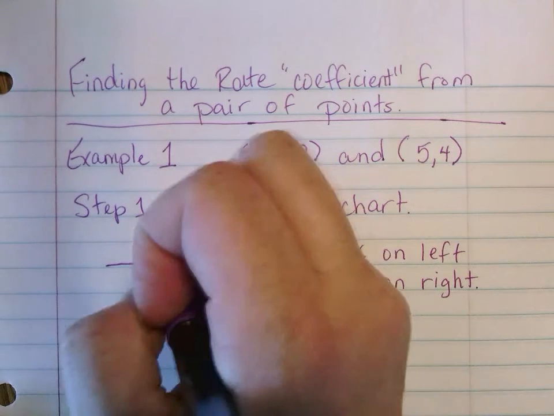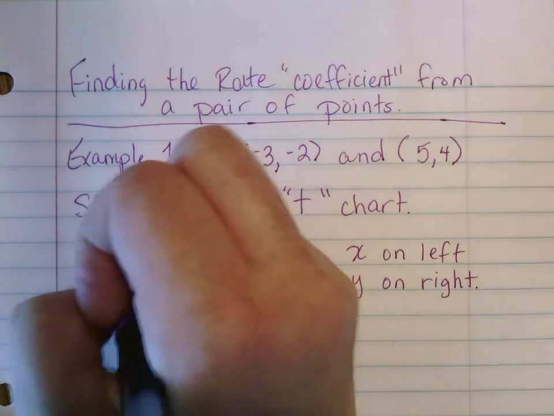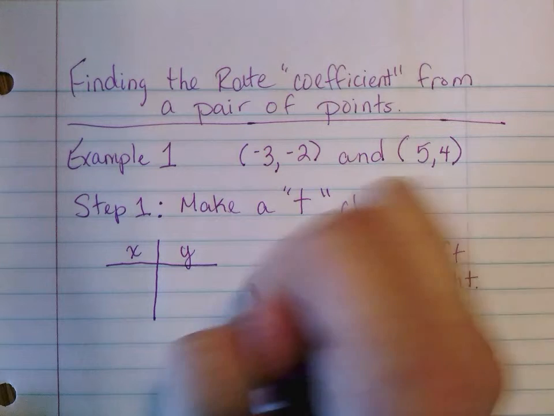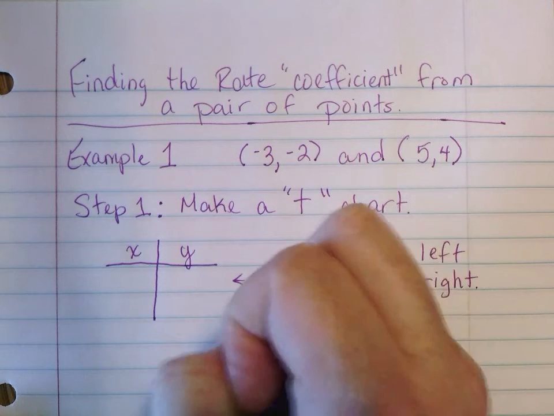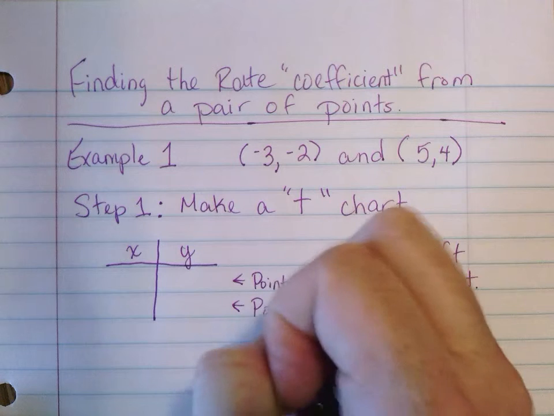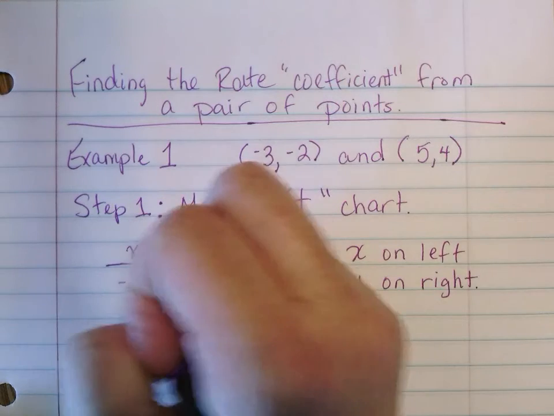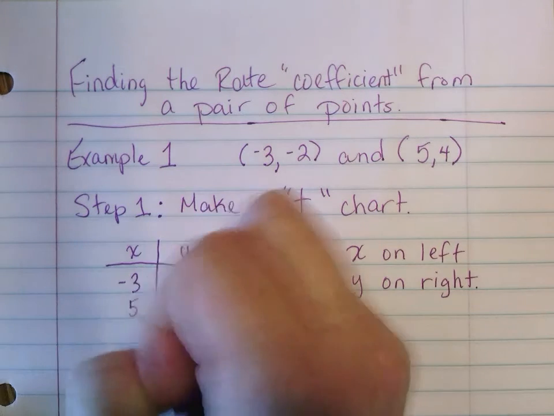Here's our T, X on the left, Y on the right. Let's put point 1 here, and then point 2 will follow underneath it. Point number 1 is -3, -2. Point number 2 is 5, 4.